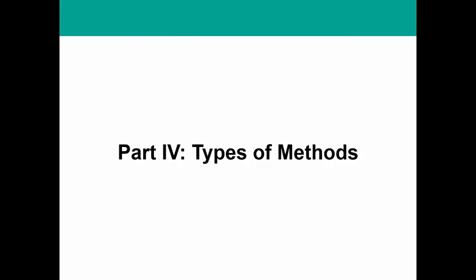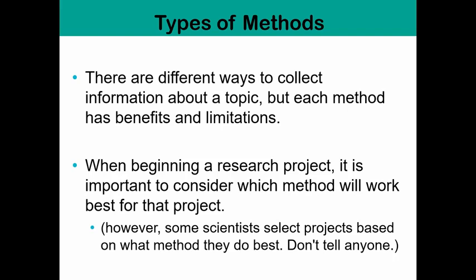So now let's talk about types of methods. There are different ways to collect information about a topic, but each method has benefits and limitations. When beginning a research project, it's important to consider which method you will work with, and hypothetically, it's best to pick a method that will match your project.